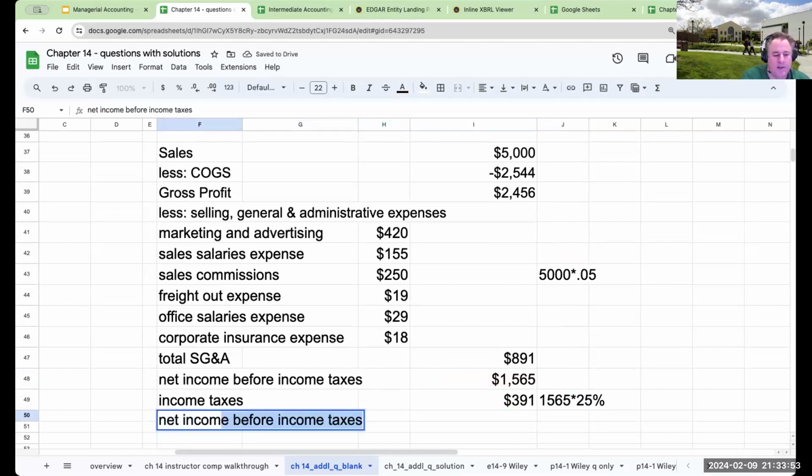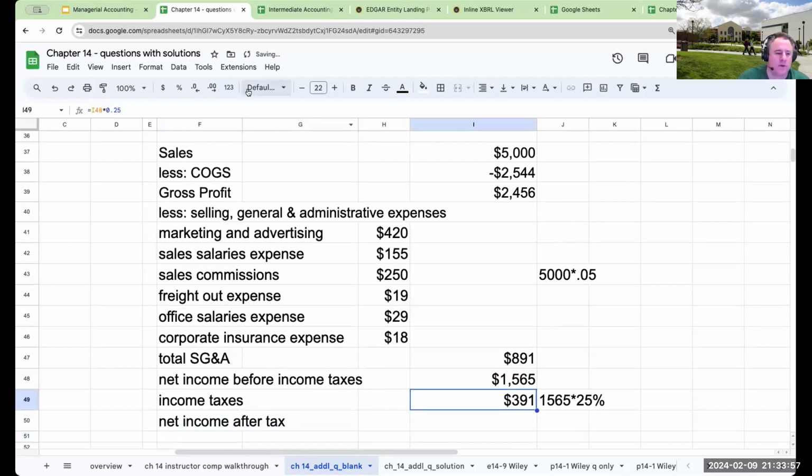So my net income after tax, or just net income, you can call it either, is going to be 1565 minus here. And I'm going to get a 1173.75. So if you're taking my class, always round to 2 decimal places.